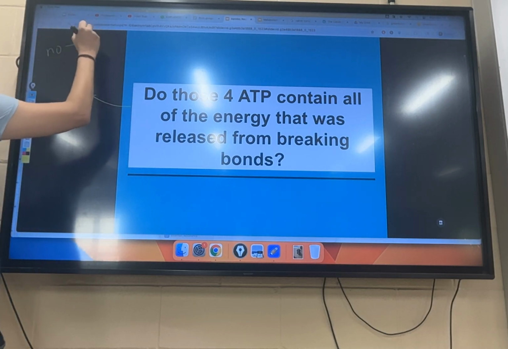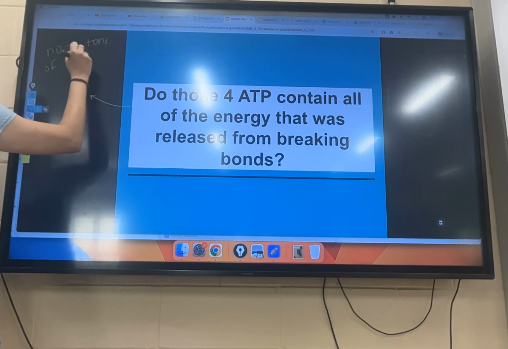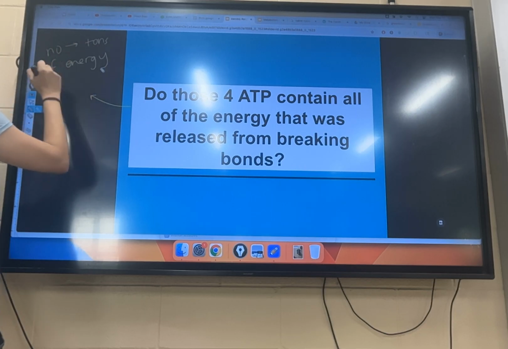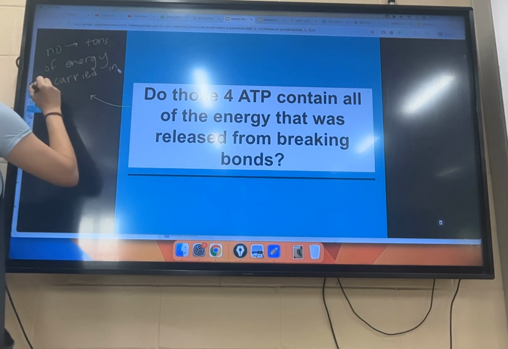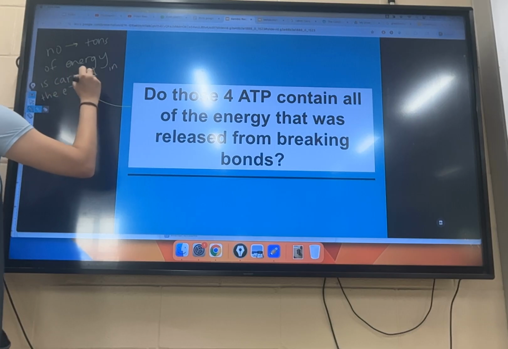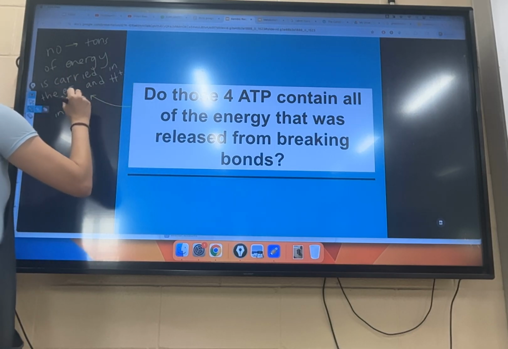No. We have a ton of energetic stuff, so tons of energy is being carried in the electrons and hydrogen ions in the shuttles that we loaded up.